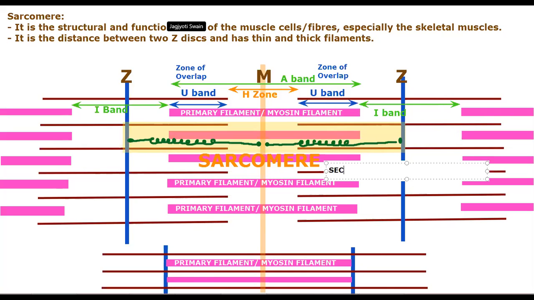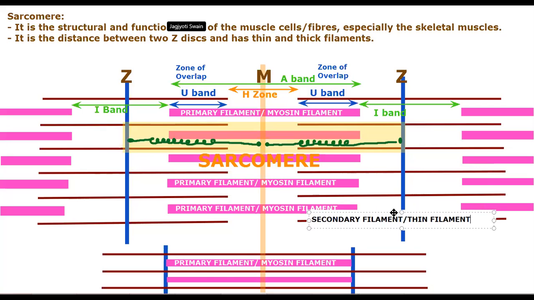Okay, secondary filament or thin filament. So this is also referred to as secondary filament or thin filament. Fine. So we can write here, it's tension free, and also we'll put one here.